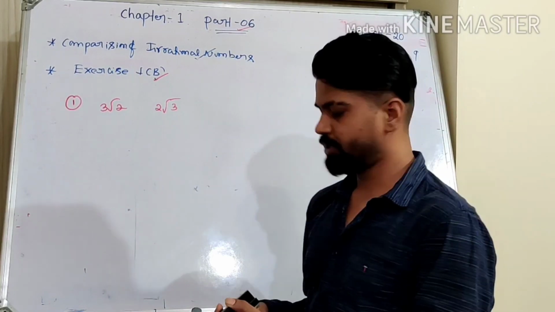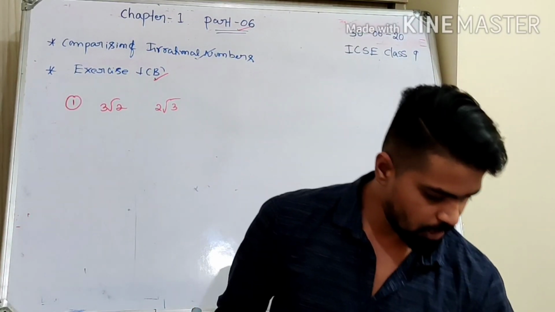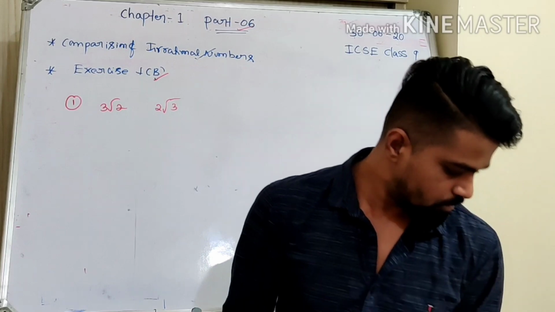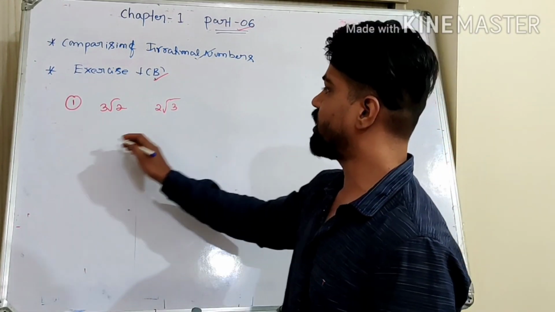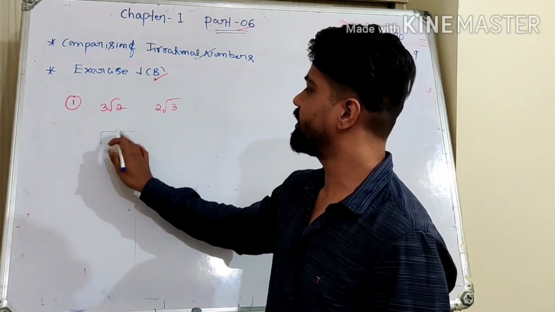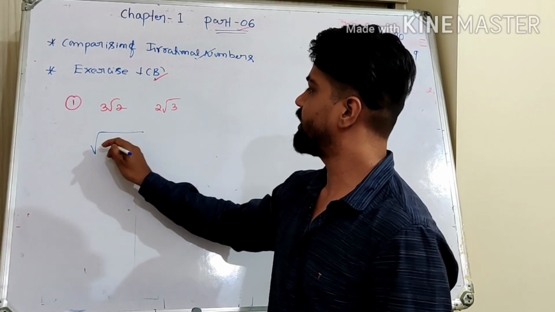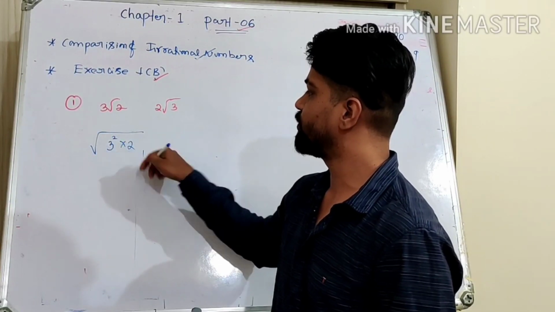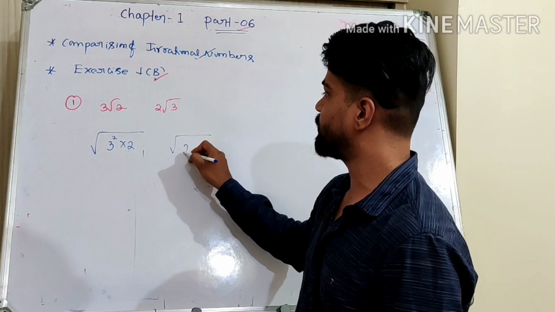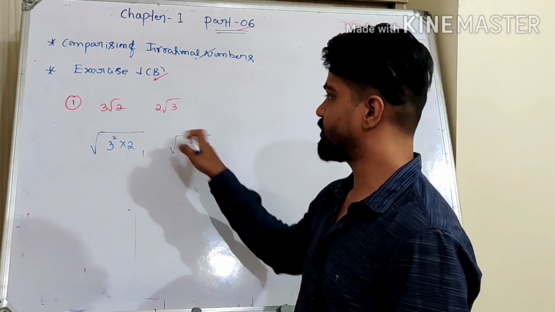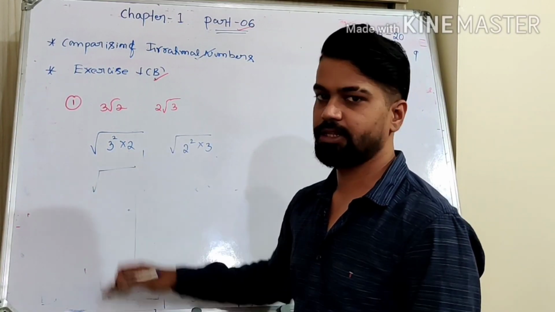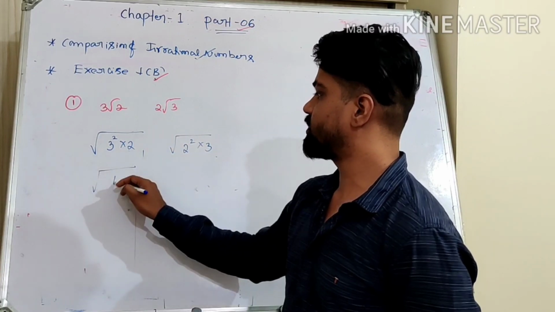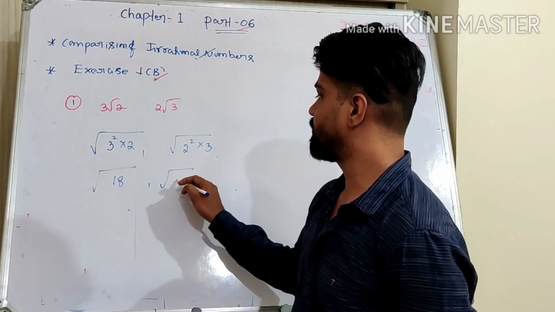Now, you have 3 outside the root, right? We can bring it inside the root by writing 3 square into 2, whereas this can be written as 2 square into 3. Now I have the same power, so I just have to compare what is in the square root. This is root 18, this is root 12.